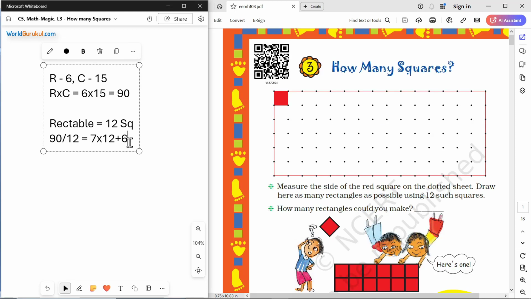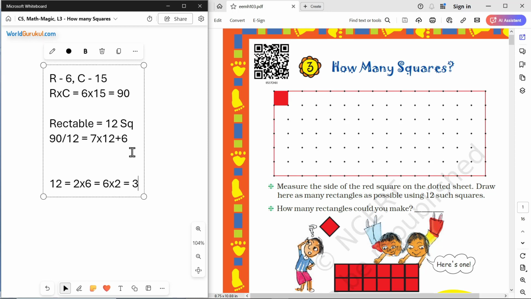A rectangle needs 12 squares. Can you tell the multiples of 12? It can be 2 by 6, 2 rows with 6 columns, 6 columns with 2 rows, or 3 rows and 4 columns. In whatever way you want to do, you can do.